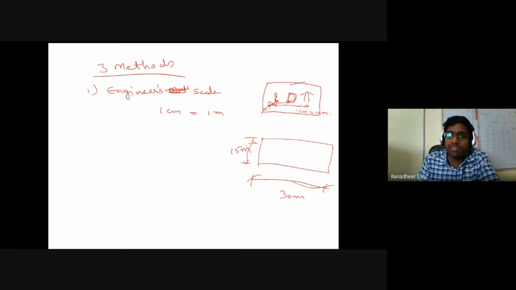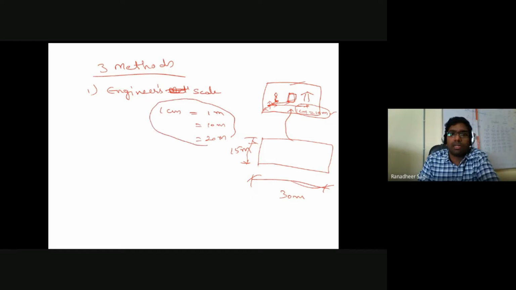Based on such a scale, your field data is converted to be represented comfortably on your map or plan. Let's say 1 centimeter is equal to 1 meter, or 10 meters, or 20 meters. According to your requirement, the scale you choose to represent on that map is what we call your engineer's scale.